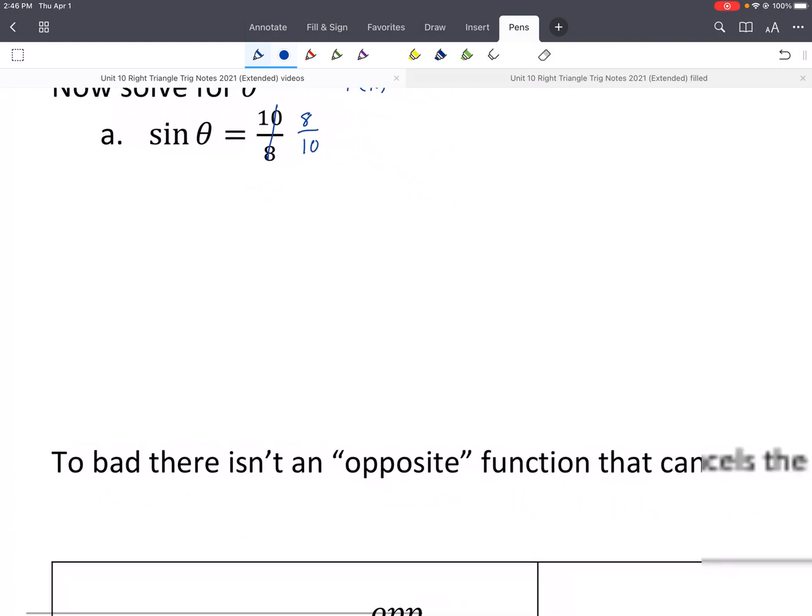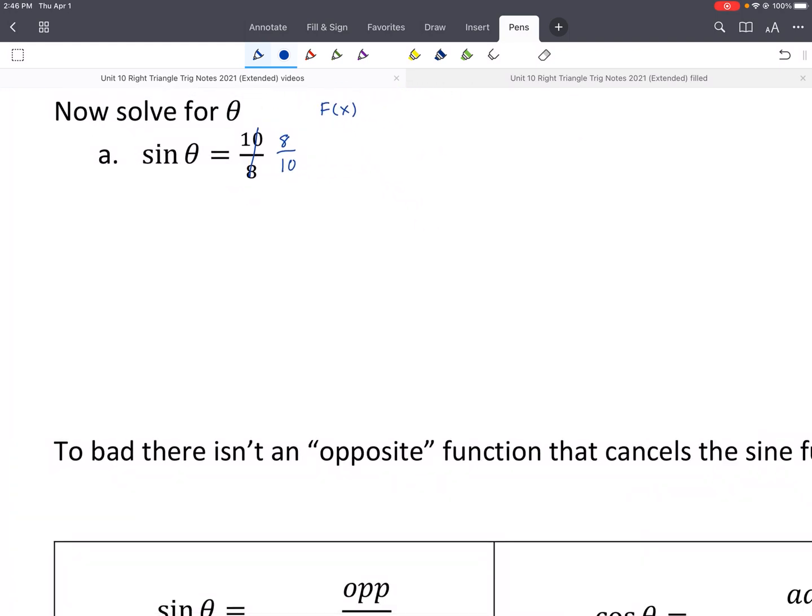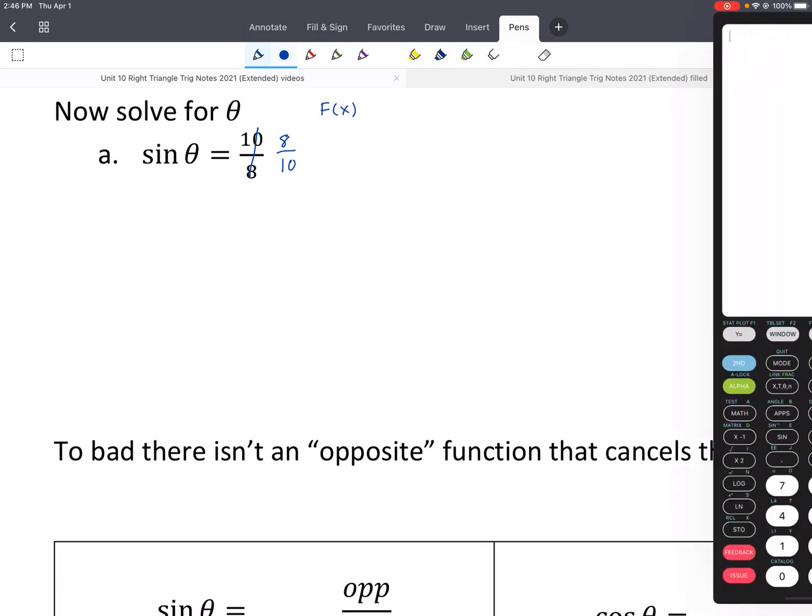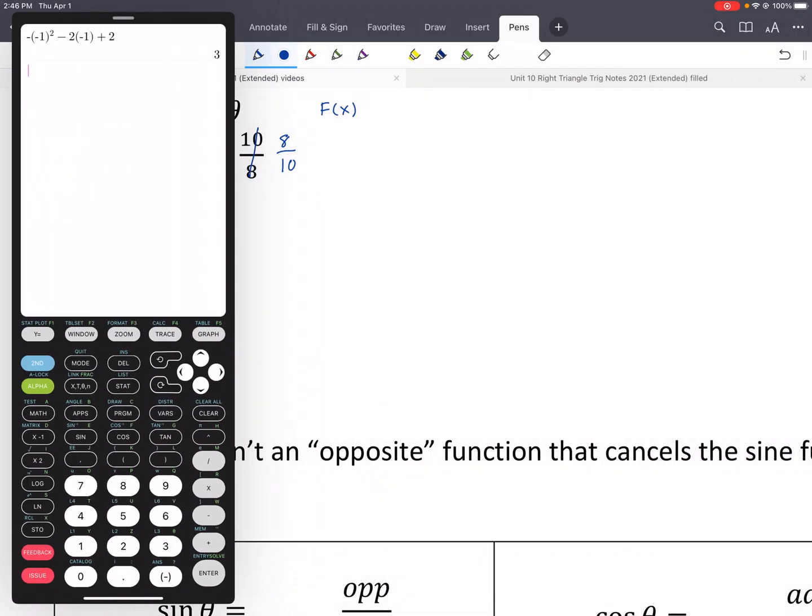So it's too bad there isn't an opposite function that could cancel out a sine, or cancel out a cosine, or the inverse of tangent. Well, let's look at a calculator, okay? If you look at your calculator, most likely you have buttons for sine, cosine, and tangent. Those are right over there.